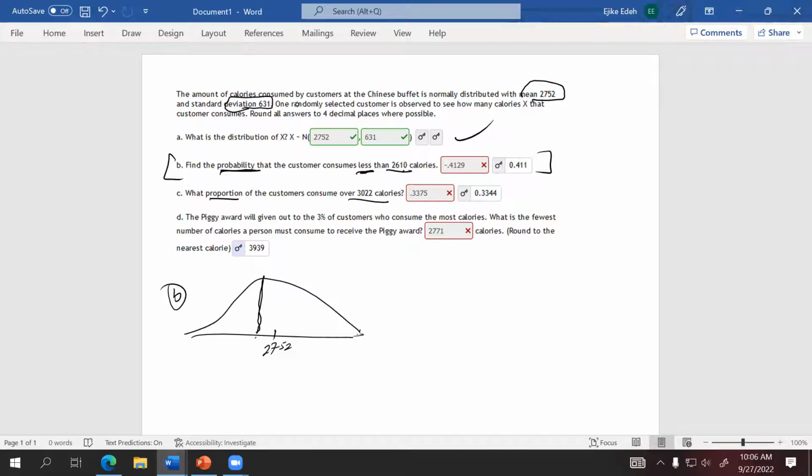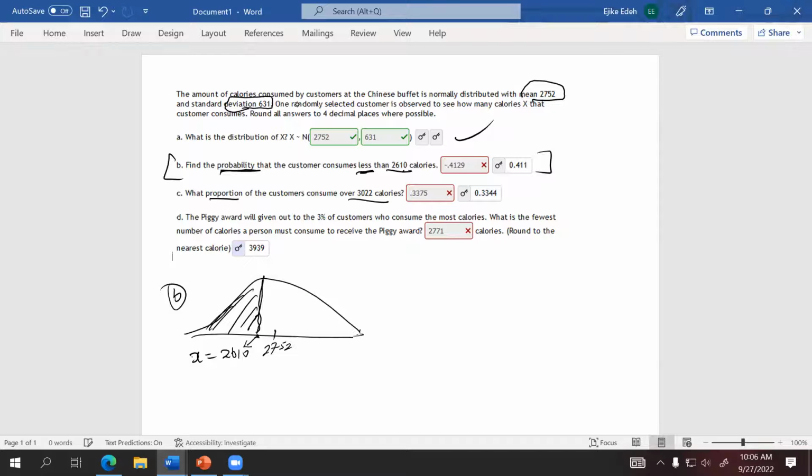This point here is 2610. These are numbers, and these values are in X, just your data points. What we are looking for in question B is this area.